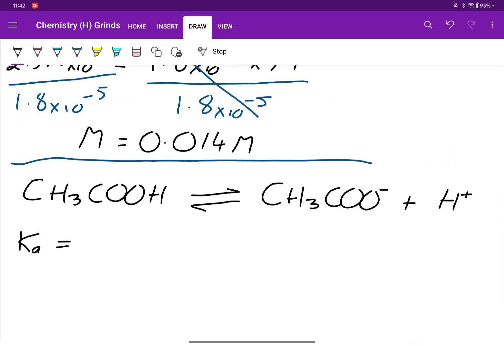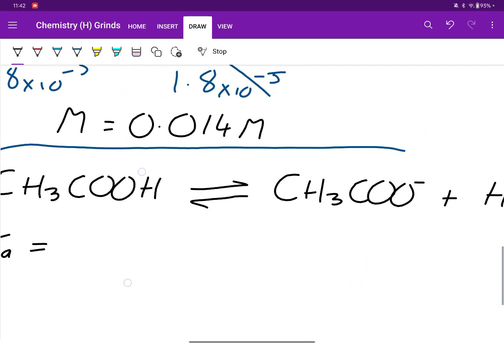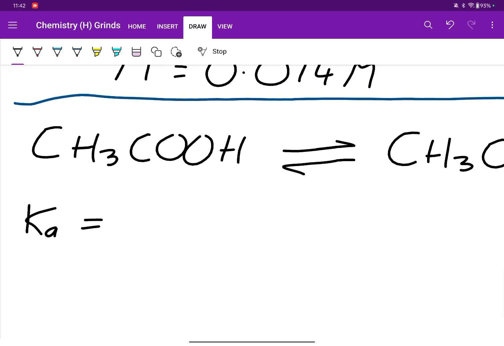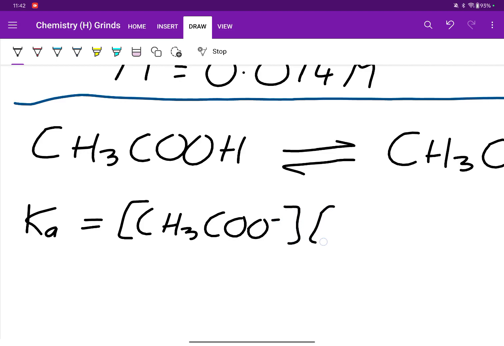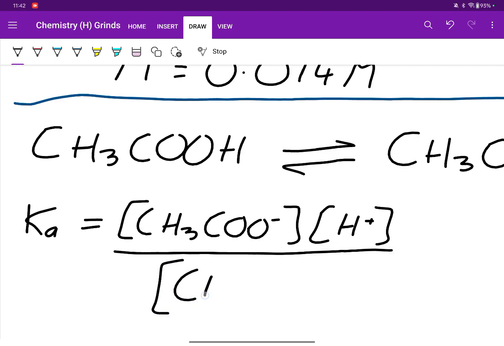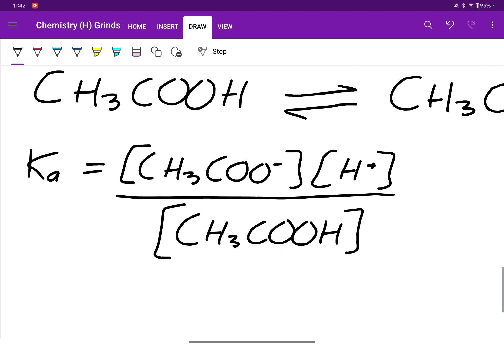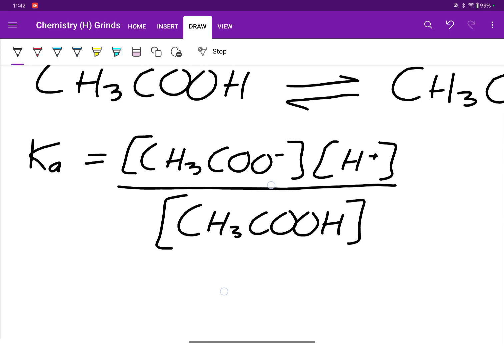Now Ka is written the same as an equilibrium constant. It's products over reactants. So it'll be the concentration of CH3COO minus times the concentration of H plus, over the concentration of CH3COOH. And that there on the bottom is what we're looking for.